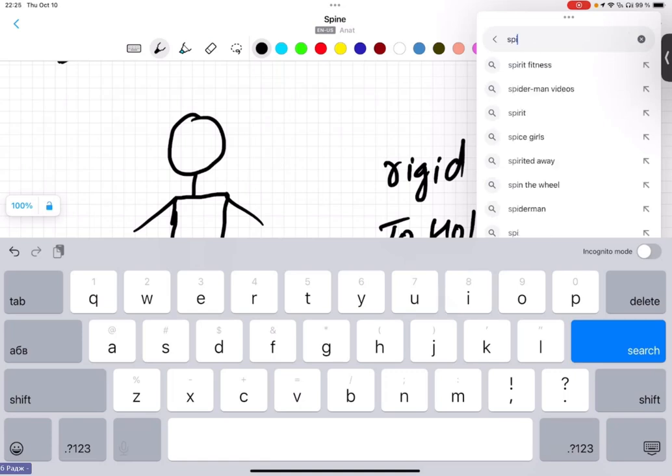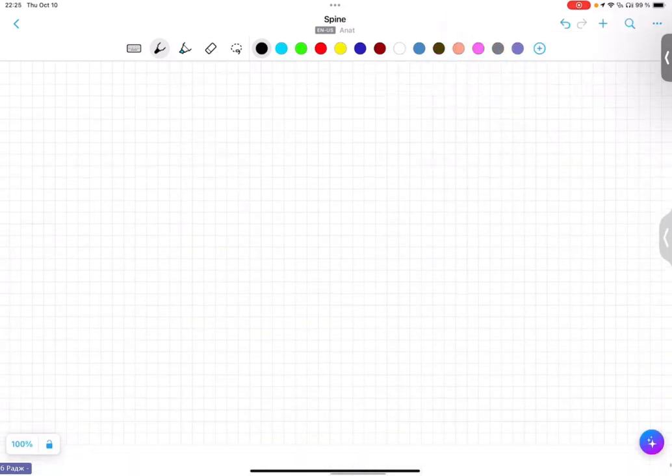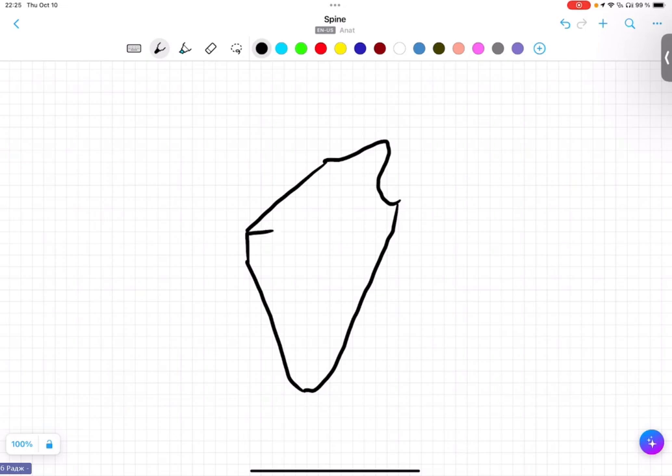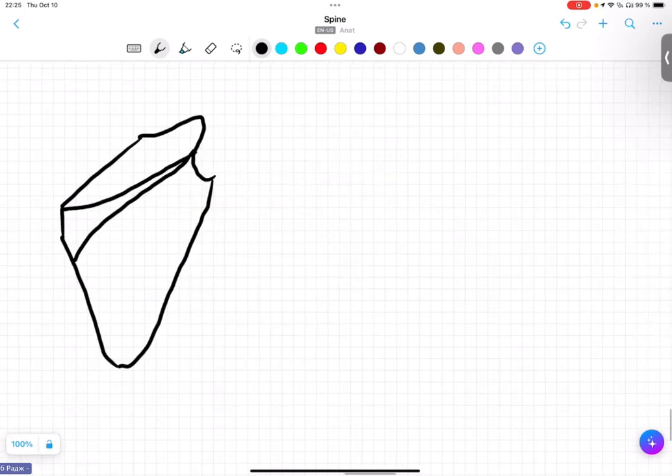Do you know about the spine of the scapula? Let me just draw the scapula itself. Suppose this is your scapula, and the scapula also has a spine. So what does the spine itself mean?